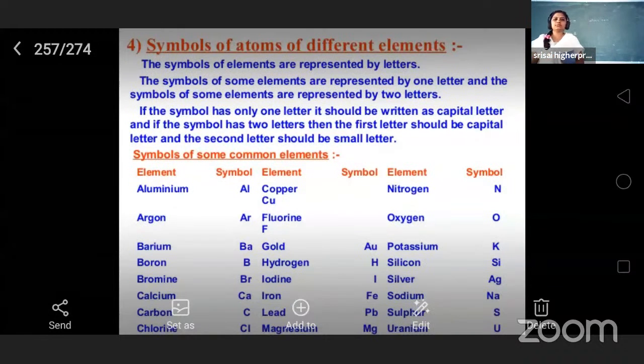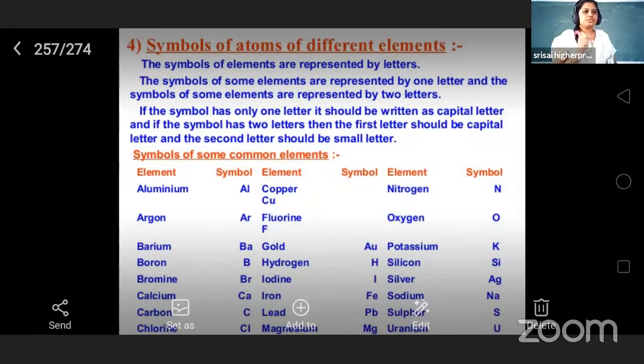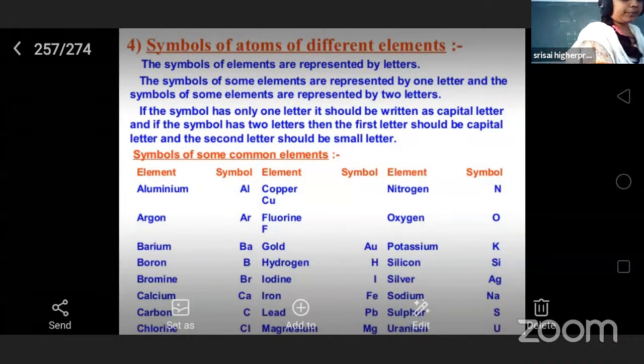Yesterday you wrote these symbols and elements, and one column you left, atomic mass. Then you write the atomic number there. So what is there in the periodic table? Atomic mass is different, atomic number is different. This is what we discussed yesterday.